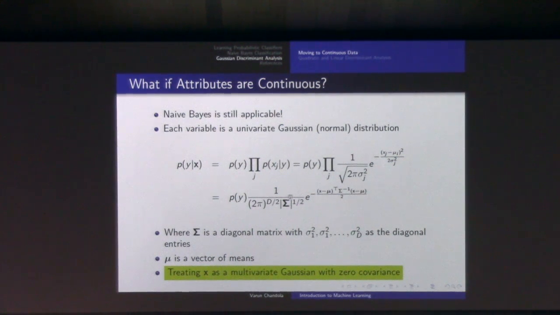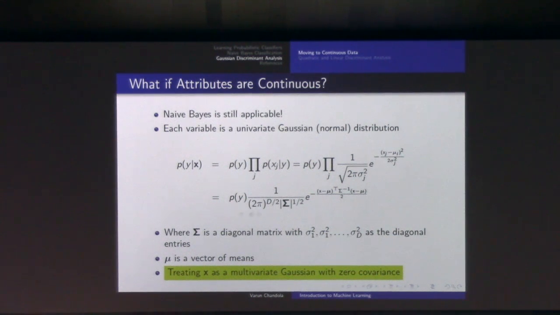If you create a diagonal matrix, which has all zeros in the off-diagonal entries, but on the diagonal you put sigma 1 square, sigma 2 square till sigma d square, and you create a mu vector, which is essentially the mu's associated with each attribute, then that product can be written as this.